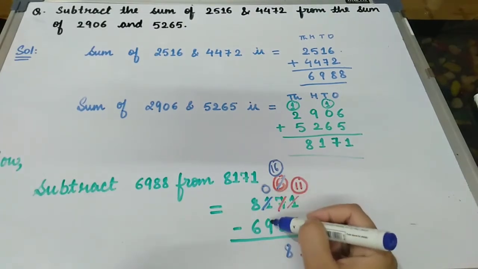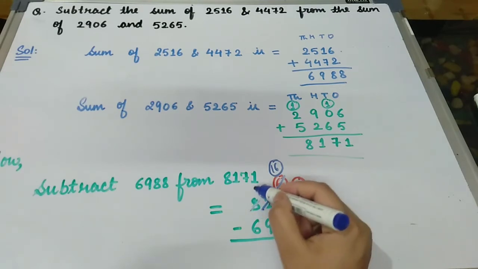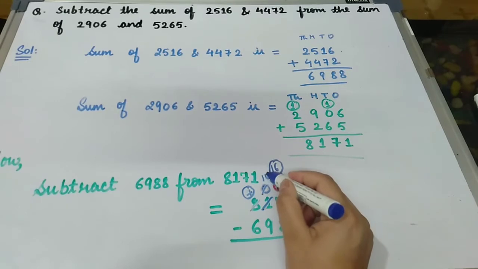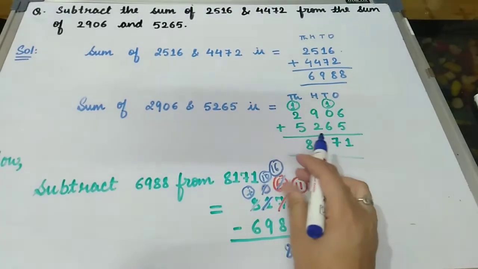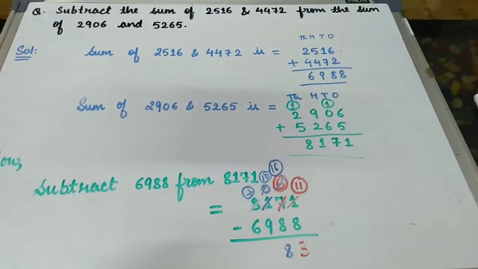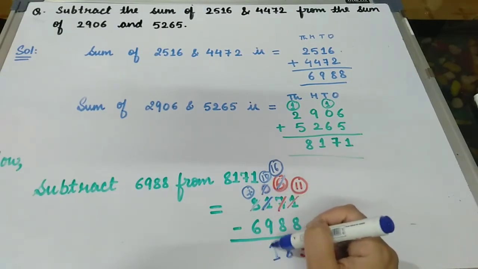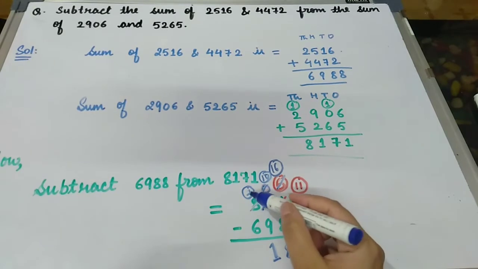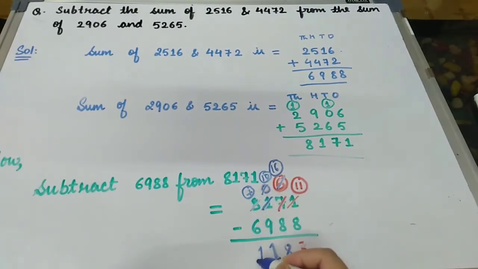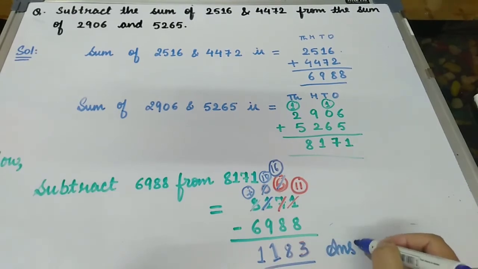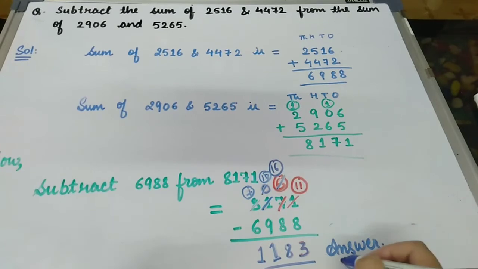Okay, now 0 minus 9 we will have to again borrow, so this will become 7 and this will become 10. Okay, leave enough space so that you can borrow and write the carry over there. 10 minus 9 is how much? 1. Yes, and 7 minus 6 is 1. So after subtracting the number, what we have got, this is our answer. Okay, so write it like this, answer.